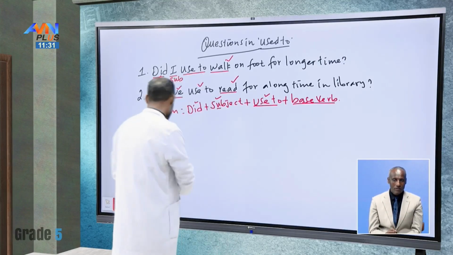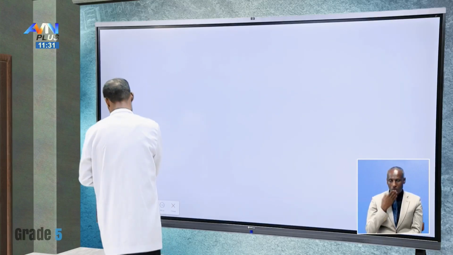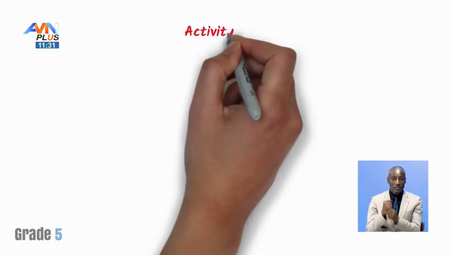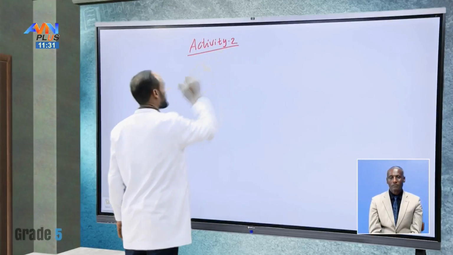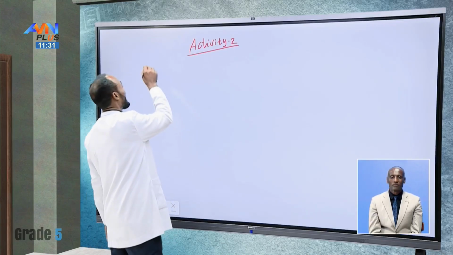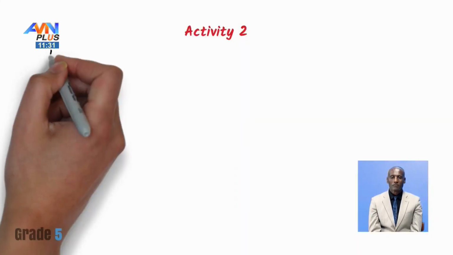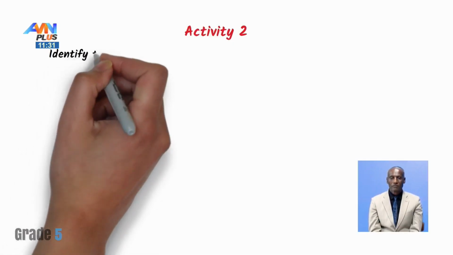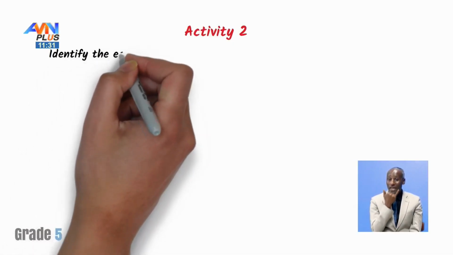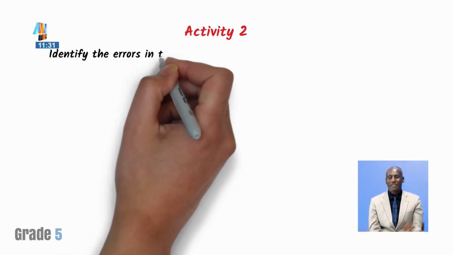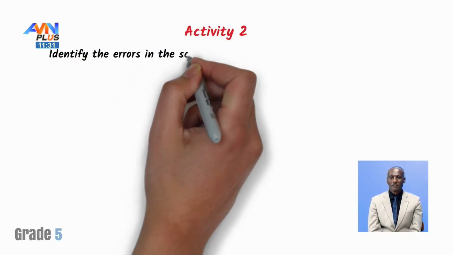Bravo. Come on here. Activity 2. Look. First of all, identify the errors in the sentence.